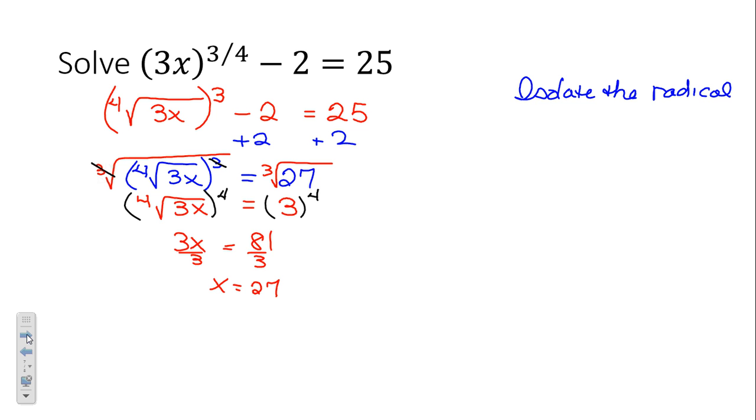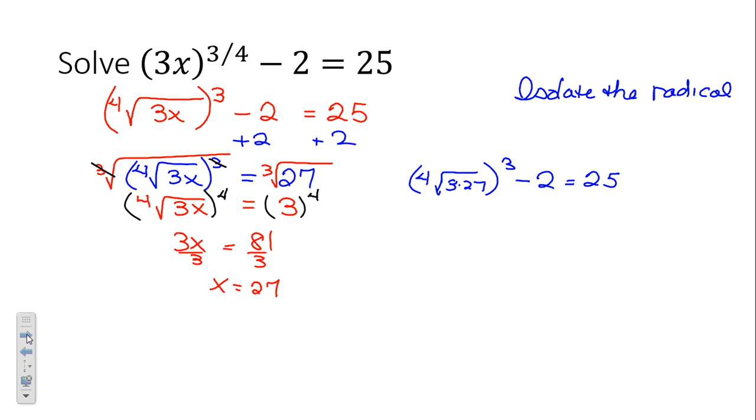So we have 27. So let's think about that. Is that going to make a solution for us? The 4th root of 3 times 27 cubed minus 2, will that be equal to 25? So 3 times 27, 81.